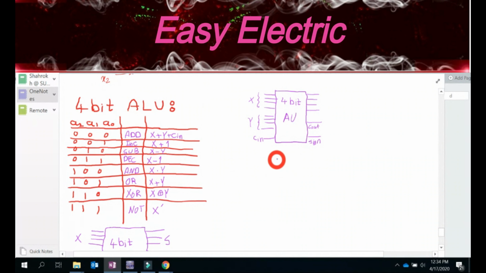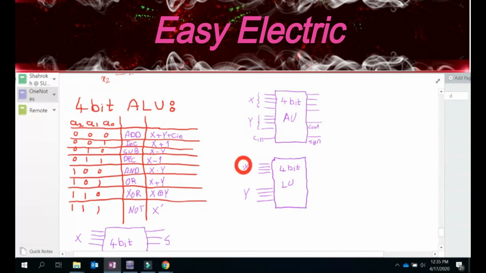So today we design the ALU, and after you design that and understand how, you could use that as a module. So I have one 4-bit ALU. It has just two inputs, which are X and Y, nothing else, for the LU unit.